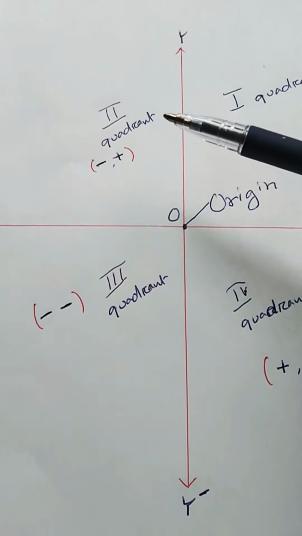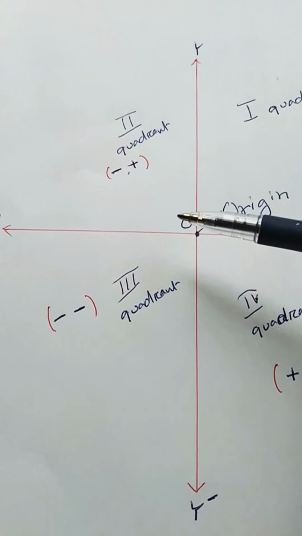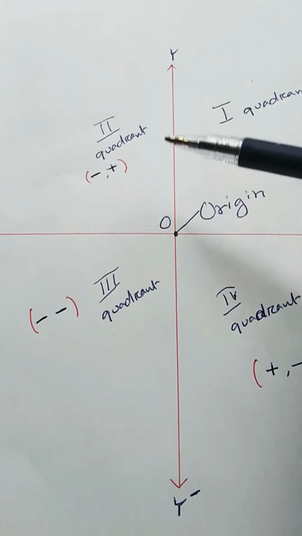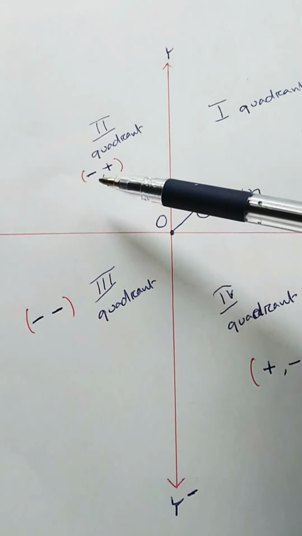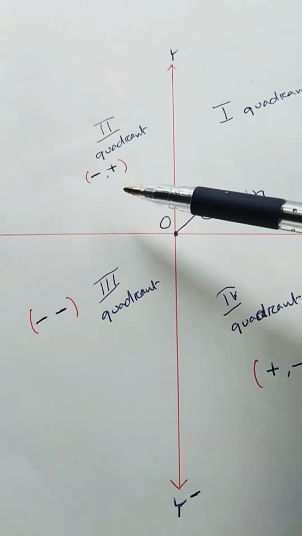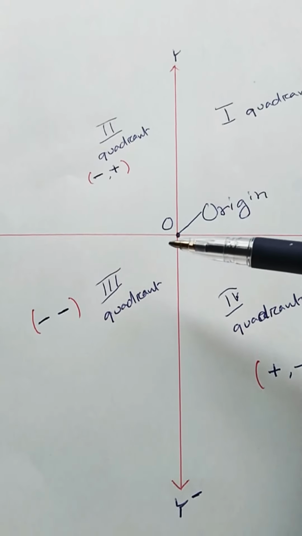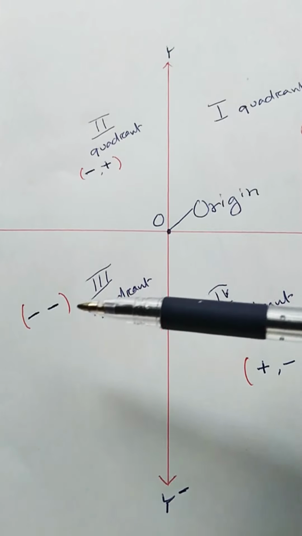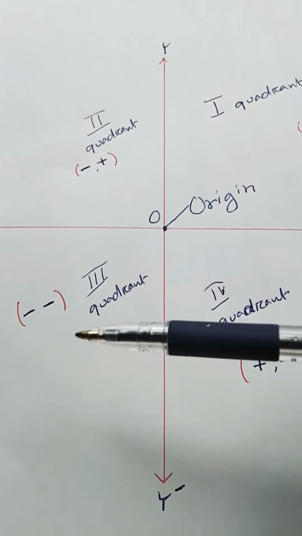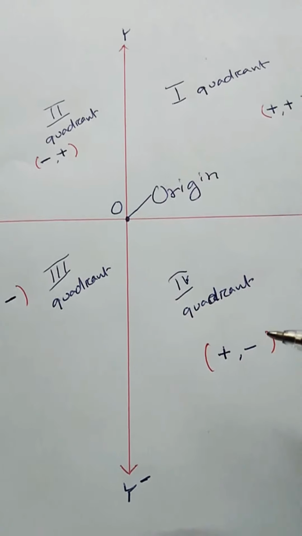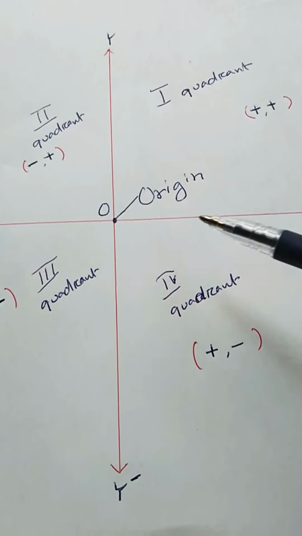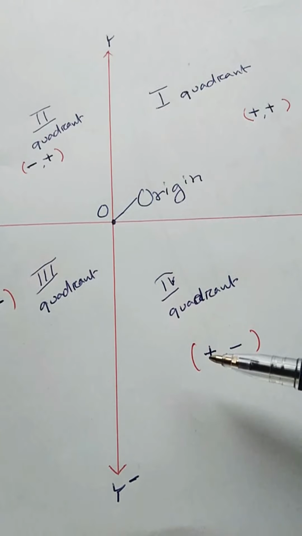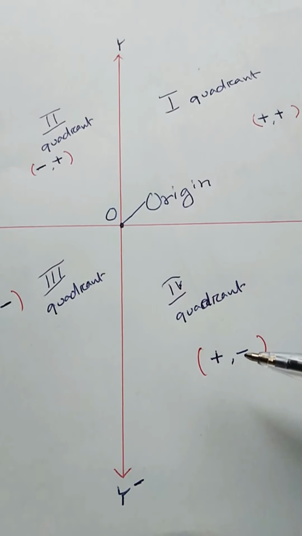In second quadrant, as x is having minus and y is having plus, so the sign will be minus and plus. Then in third quadrant, x is also minus and y is also minus, so both will be minus minus. Then in fourth quadrant, x is positive and y is negative, so it will be plus minus.